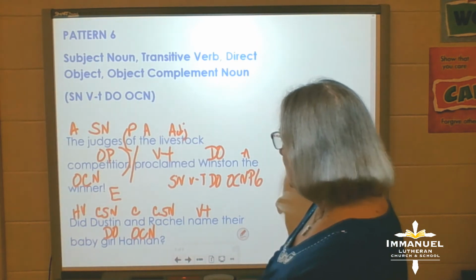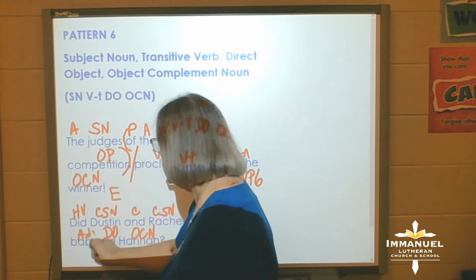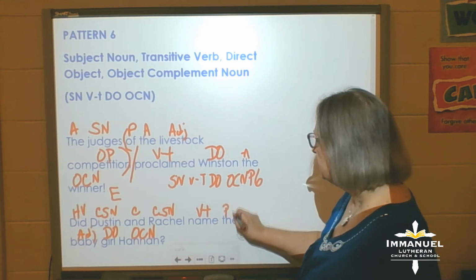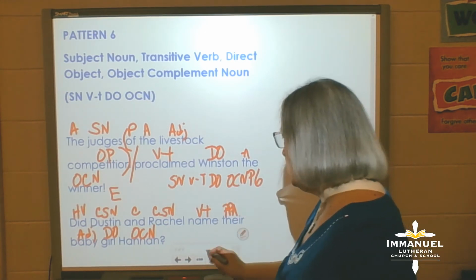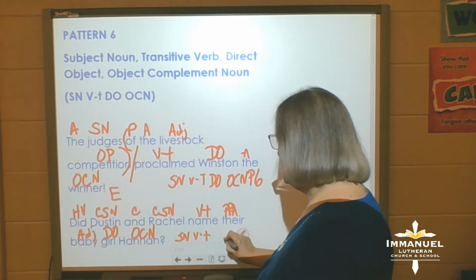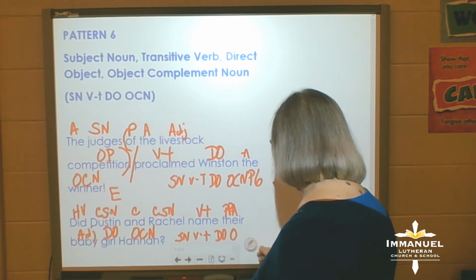Let's continue. What kind of girl? Baby. Adjective. Whose baby girl? Their. Possessive pronoun adjective. We have our pattern: subject noun, verb transitive, direct object, object complement noun, and I'll write over that marker.